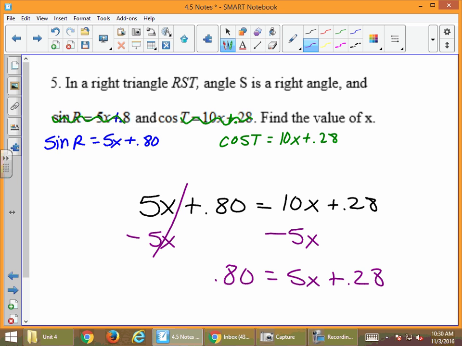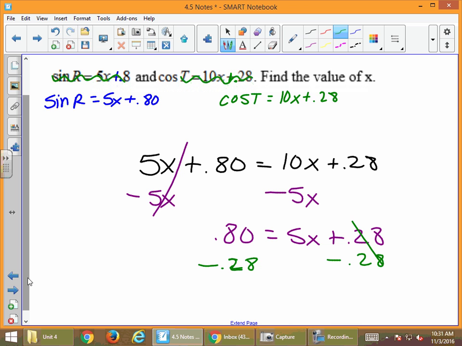You know, basic problem with their next step. How do you get x by itself? Subtract 0.28. What is 0.80 minus 0.28? 0.52.